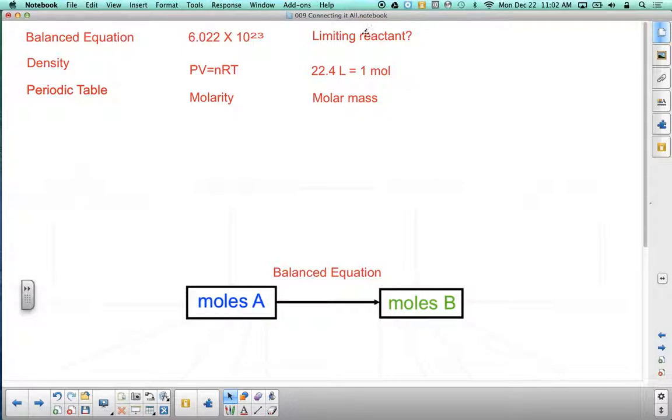But we've recently learned that when we use the balanced equation to relate moles of A to moles of B, we have to think about whether we have a limiting reactant. Are we going to run out of something along the way?